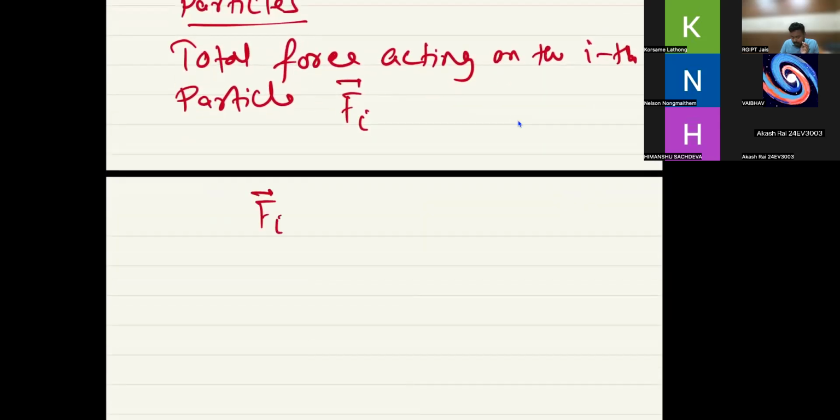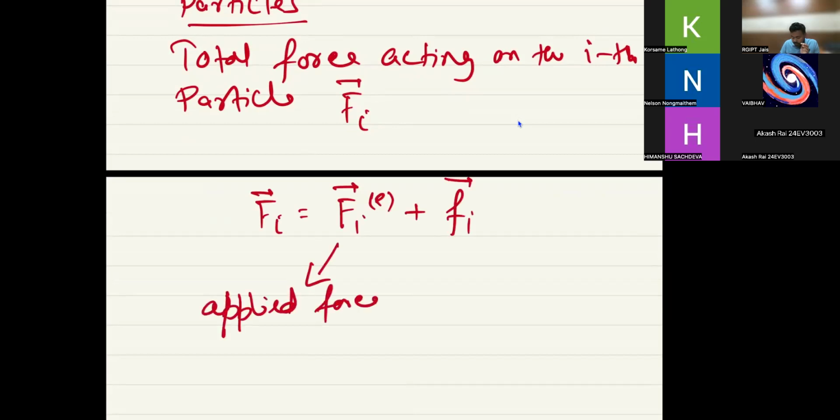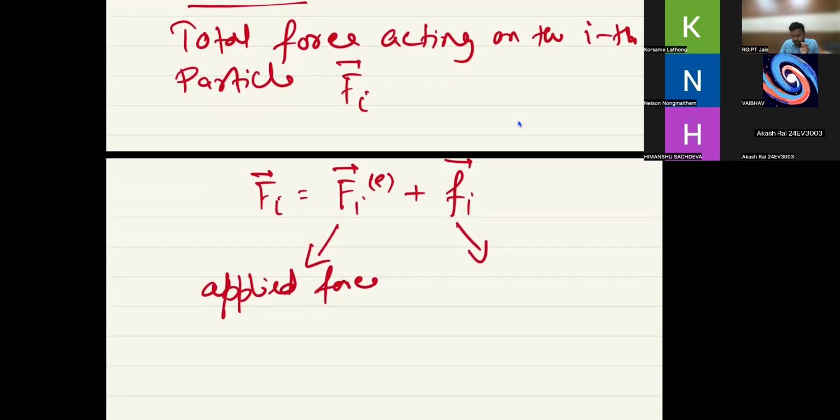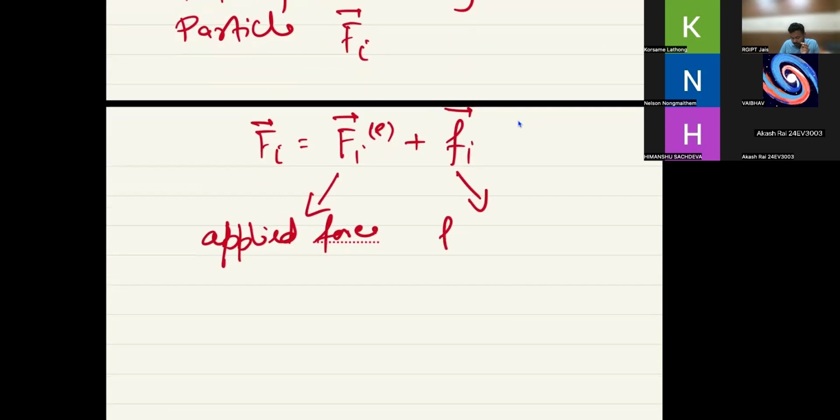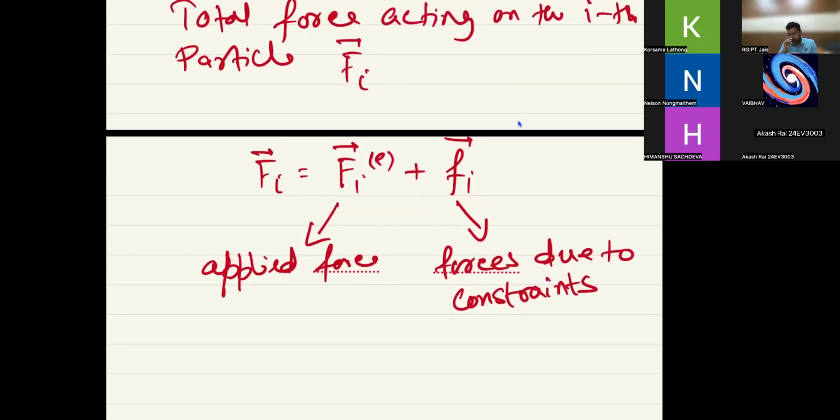You can write Fi as the externally applied force, plus the force, let's say small fi. Capital Fi is the applied force, and small fi are the forces due to constraints.